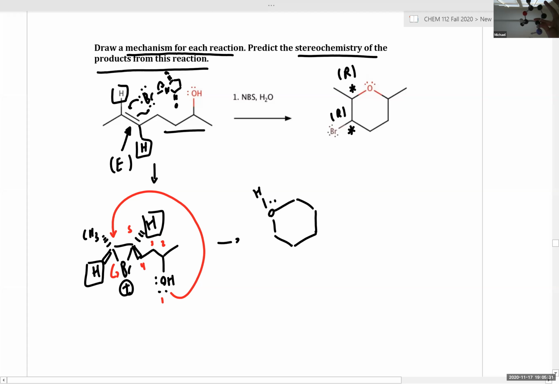Okay, so now, as always, we still have our hydrogen in front and our methyl in the back. Does everyone see that on this leftmost carbon? We have our hydrogen in front, our methyl in the back.